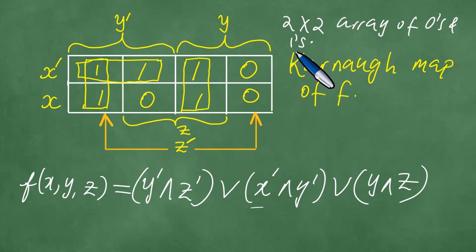Right. So the 2 by 2 array of zeros and ones is called the Karnaugh map of F. So a Karnaugh map of F by definition is a 2 by 2 array of zeros and ones. This is what a Karnaugh map is. Next question.